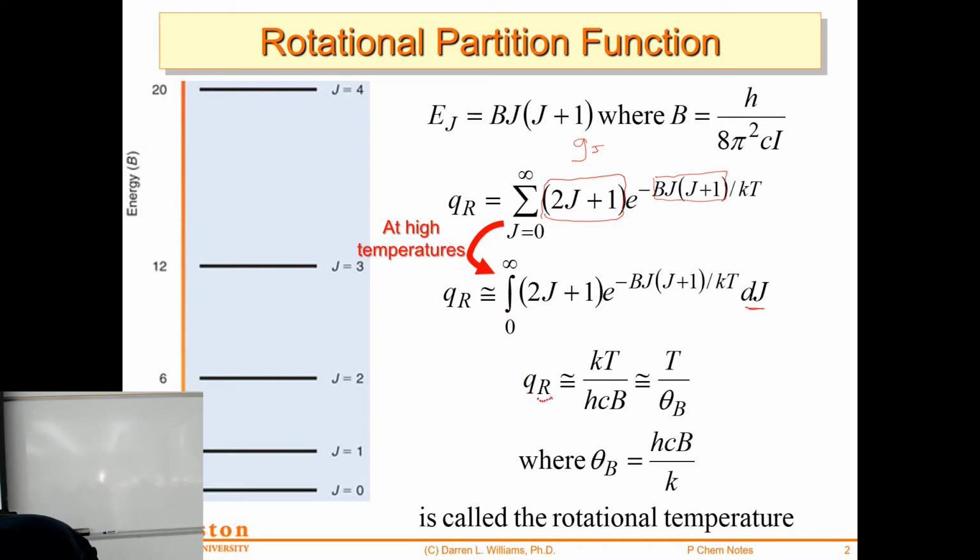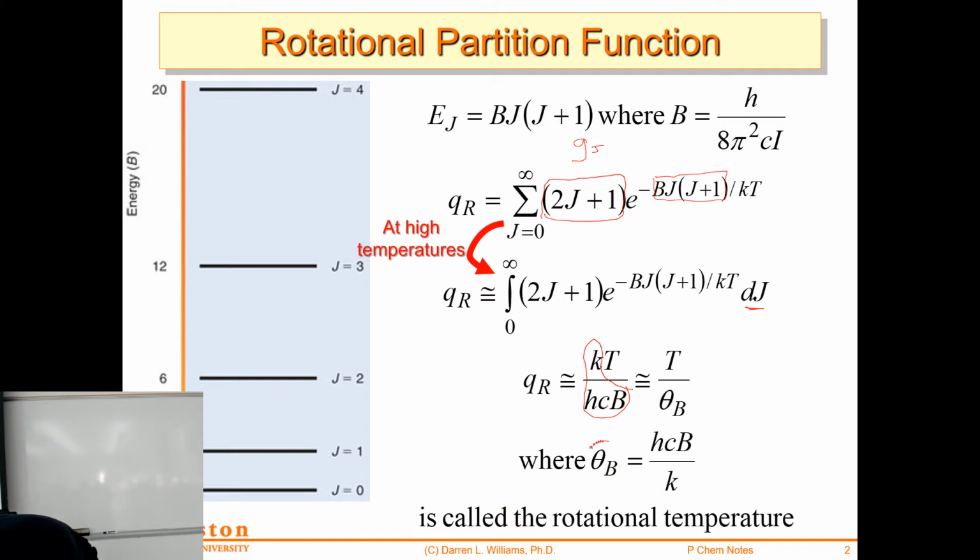So the rotational partition function is essentially kT. This over hc converts that to wave numbers, essentially. So k over hc is Boltzmann's constant in wave numbers times temperature, divided by the rotational constant. Or if you were to take just this piece right here, B, and divide it by that Boltzmann's constant in wave numbers, then you would get a temperature unit for your B value, and we call that the rotational temperature.